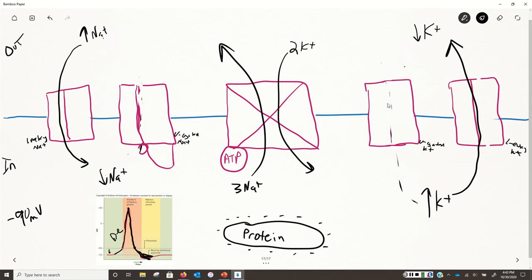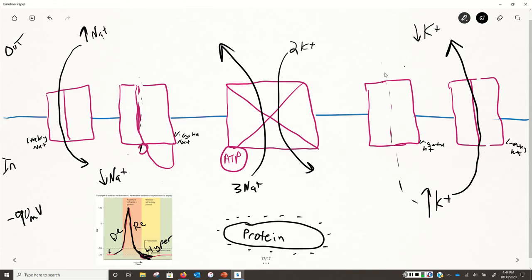So let's look at our graph. We're dropping, we are repolarizing. Because the voltage-gated potassium channel is slow to close, we overshoot. So we get hyperpolarization. The time from negative 70 down to about negative 90. Eventually, this closes.